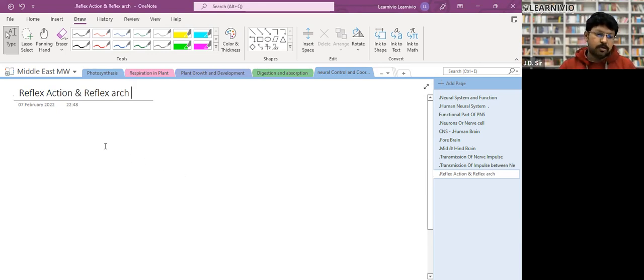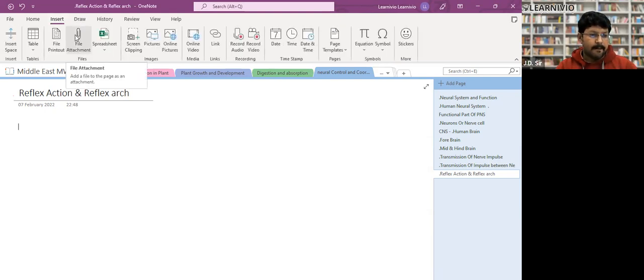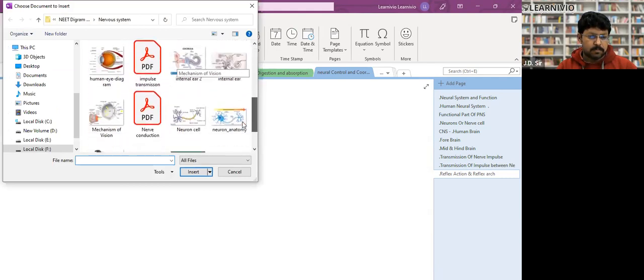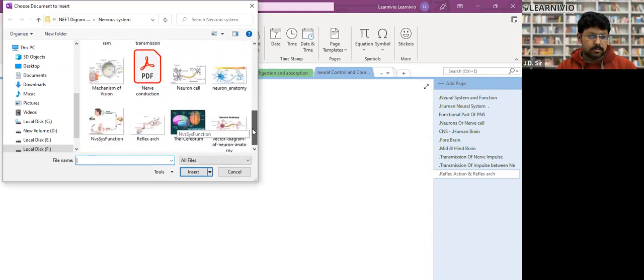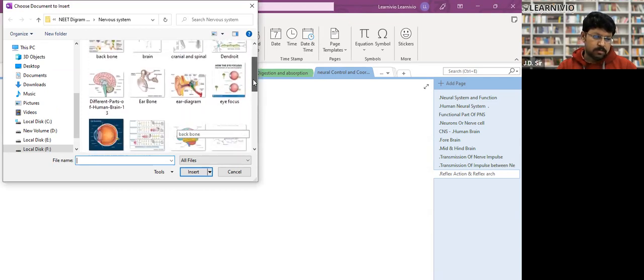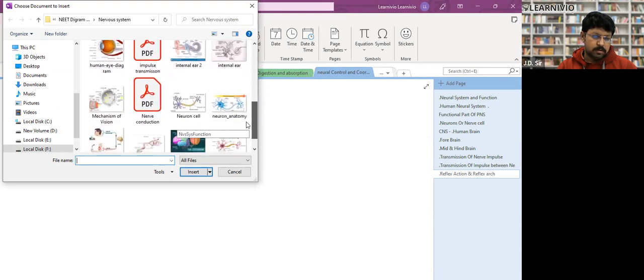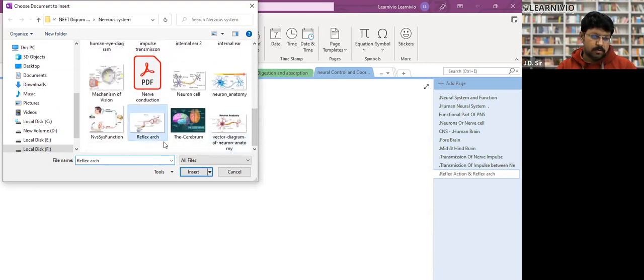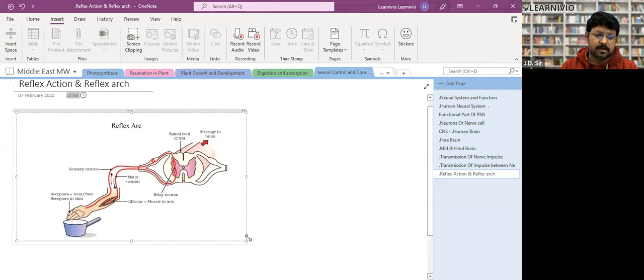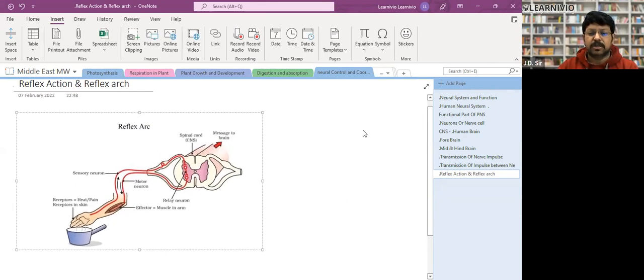So this is the reflex section or reflex arc. Look, reflex actions are those actions which take place suddenly, right?